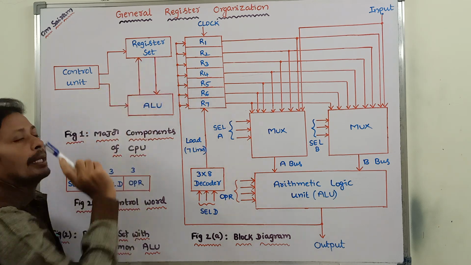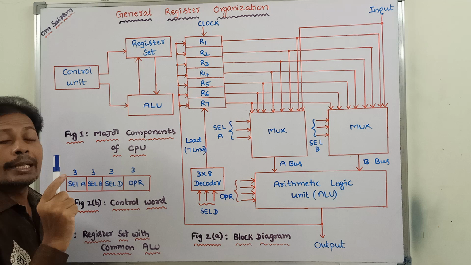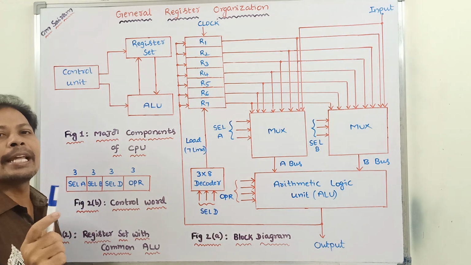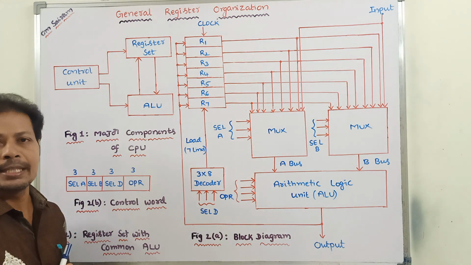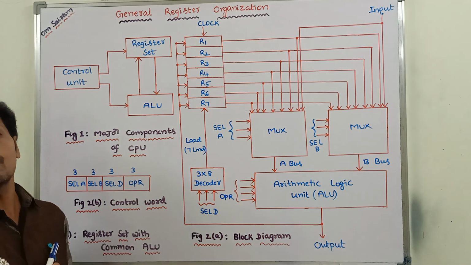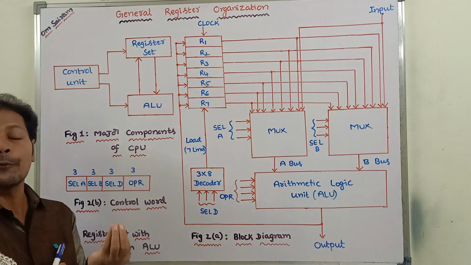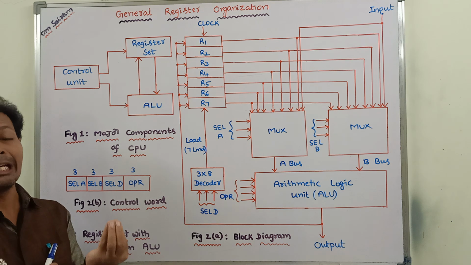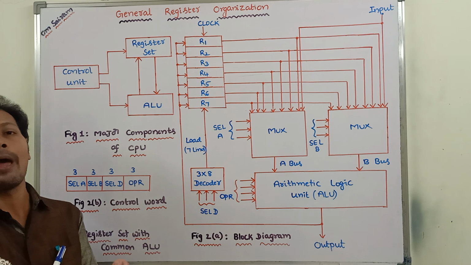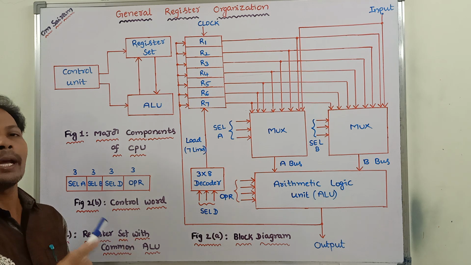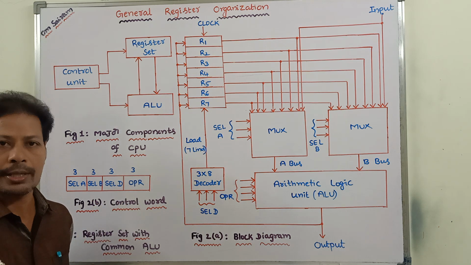First one is the register set. A register set is nothing but a set of registers that are used for storing the operands and also for storing the intermediate resultant values during the execution of instructions.